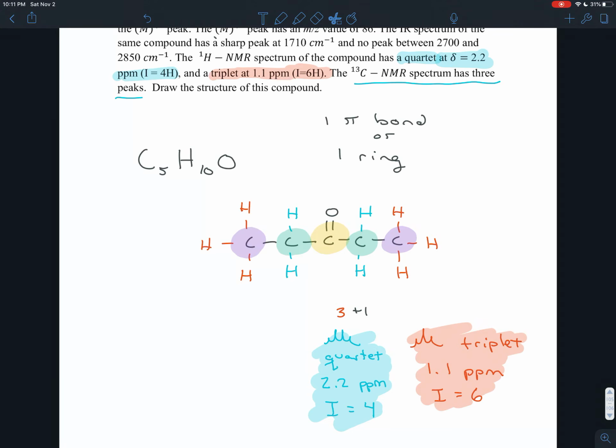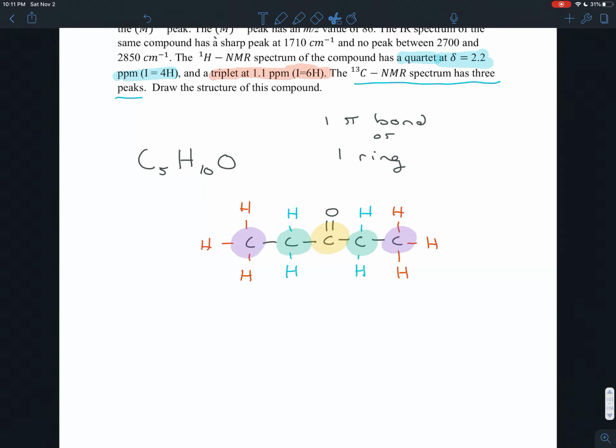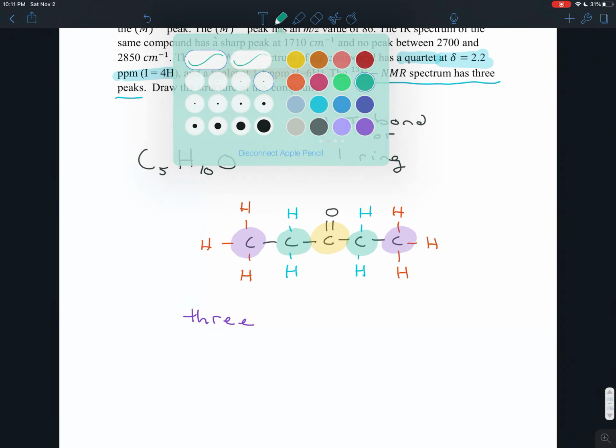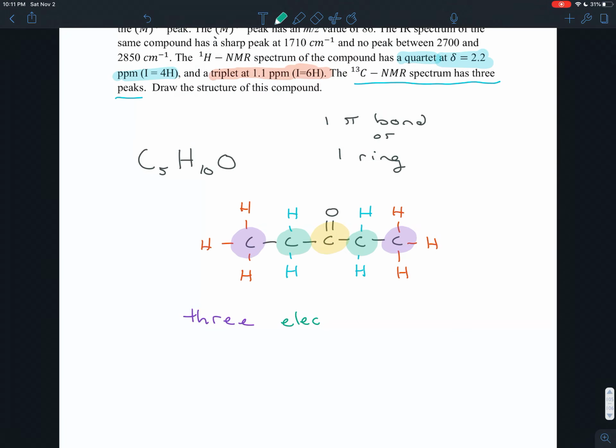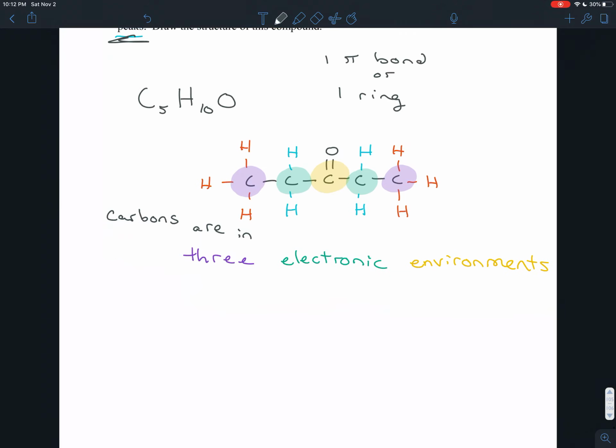In other words, this structure has carbons in 3 electronic environments. And so the carbon-13 NMR spectrum has 3 peaks to reflect those 3 electronic environments.